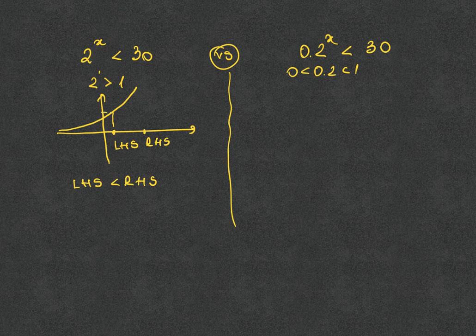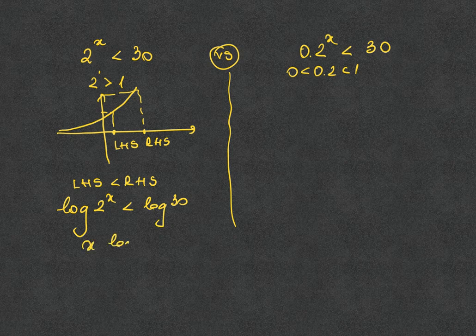And see how the logarithm of the left-hand side is smaller than the logarithm of the right-hand side. So I can apply log in both cases. x log 2 smaller than log 30. Therefore, I can write that x is smaller than log 30 over log 2.